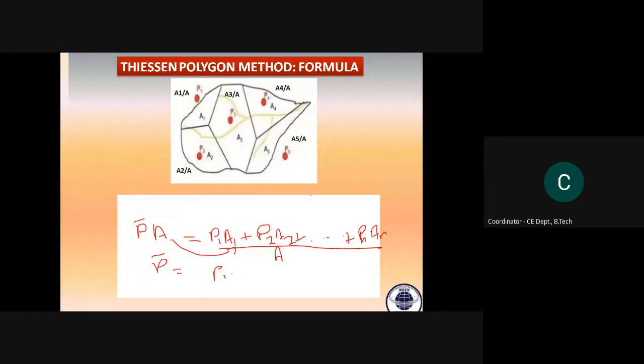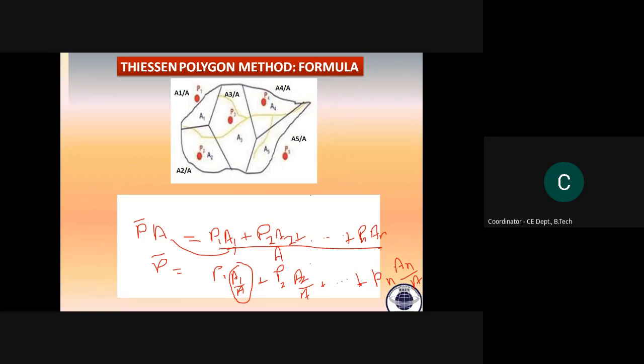P1 A1 by A, plus we can write P2 A2 by A. Similarly, we will write down like this, plus Pn An by A. Now see, these are your Thiessen weightage.